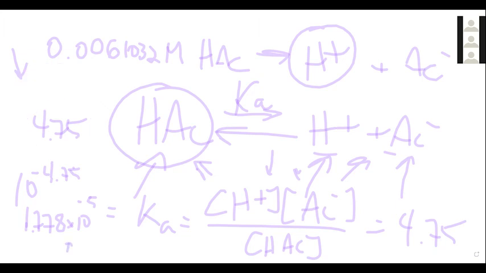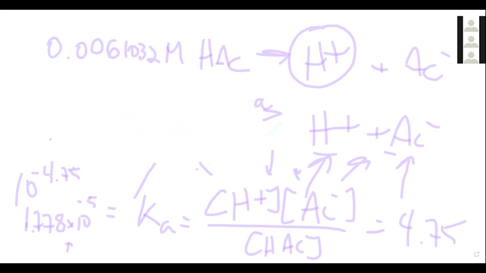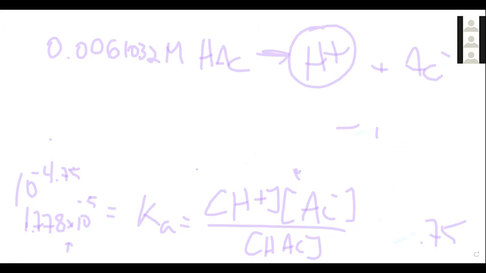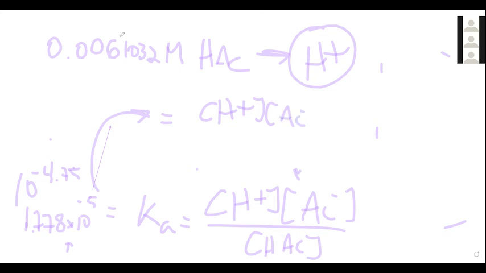So now what I do is plug my concentration into that formula. So this is equal to the concentration of H plus and acetate over my concentration, 0.006132 molar.